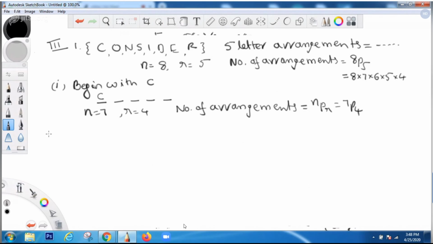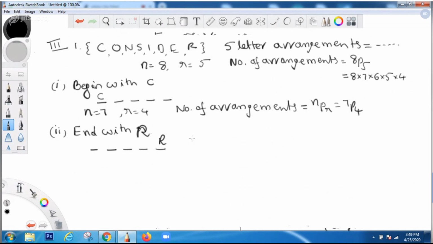Second part: how many of them end with R? End with R is the condition. Let us consider 5 places as usual. The last place should be fixed with R, and the remaining 4 places can be filled in how many ways? 7 letters are there, places are 4.